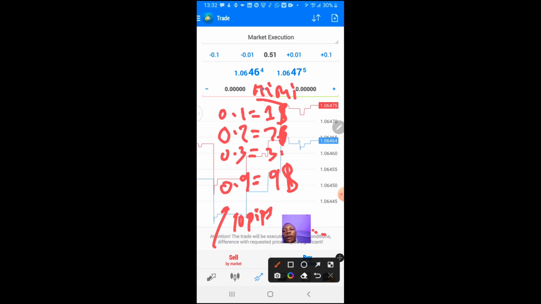Now if the market went up 10 pips and our lot size was 0.2 or 0.20, then our 10 pips move will be giving us $20. So the bigger the lot size, the bigger the money you are to make, and the bigger the money you are to lose as well. So try to understand that. Now if we use 0.9, it means 10 pips will be giving us how many dollars? $90. So that's just how it is.